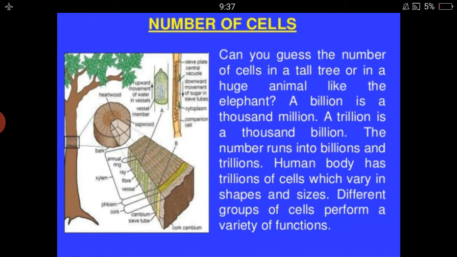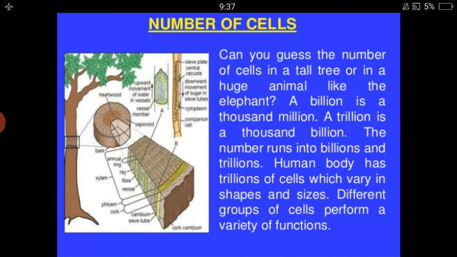The human body has trillions of cells, which vary in shape and size. Different groups of cells perform a variety of functions.